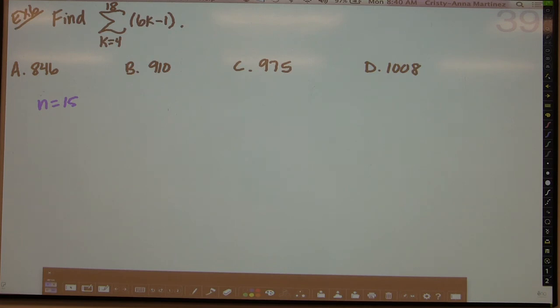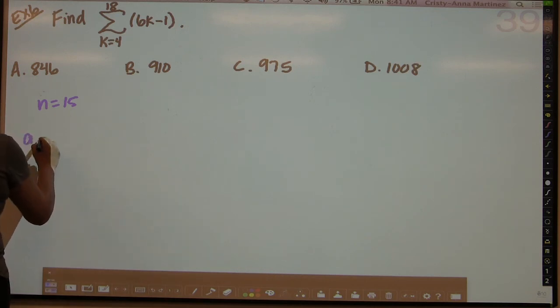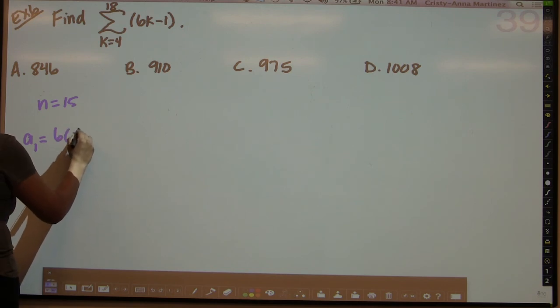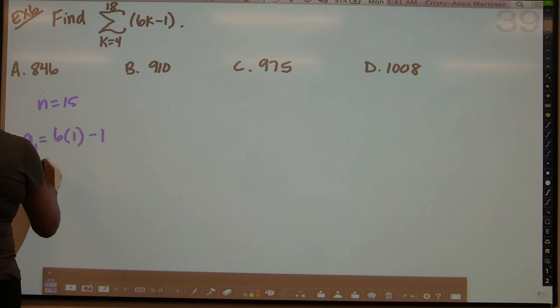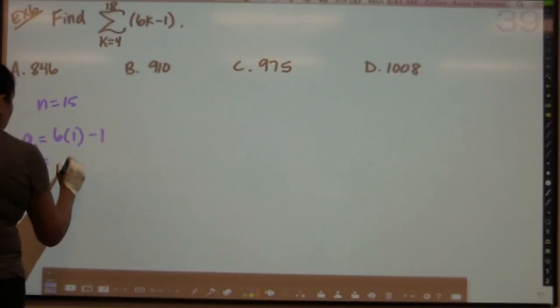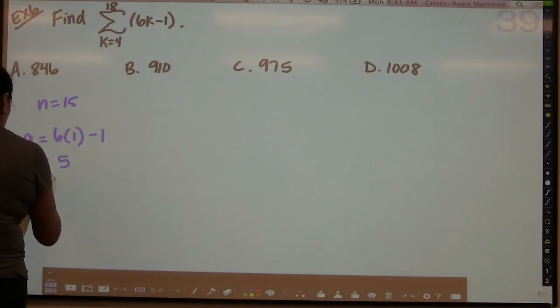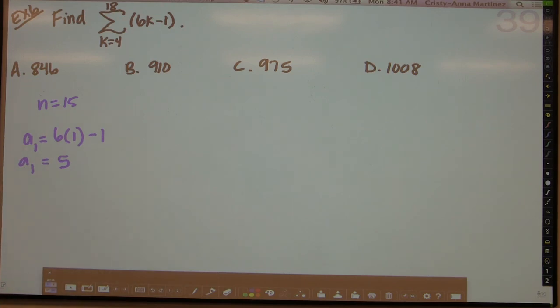And so now I need to figure out what a sub 1 is, but that's not hard to do because I have a formula. So a sub 1 is going to equal 6 times 1 minus 1, which is 6 minus 1, which is 5. So a sub 1 equals 5.